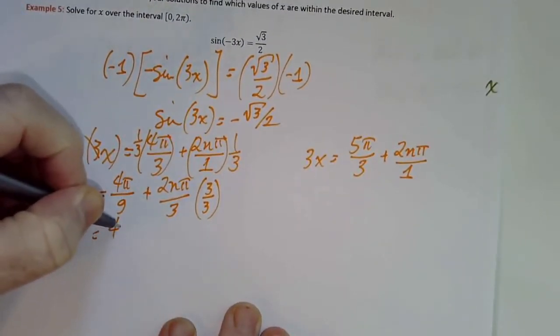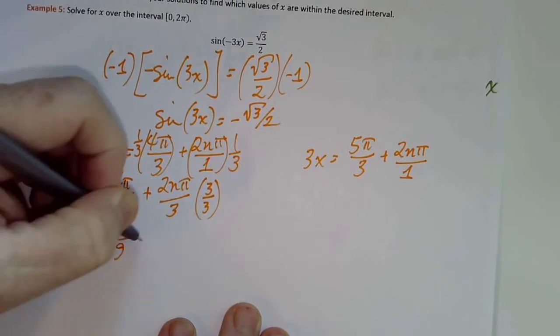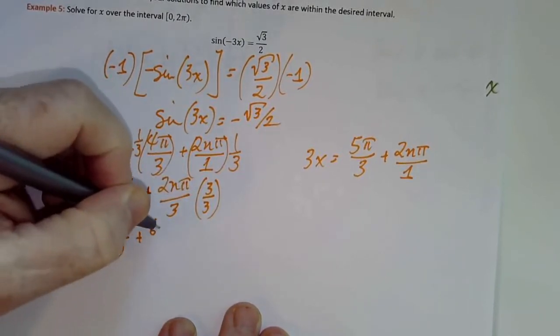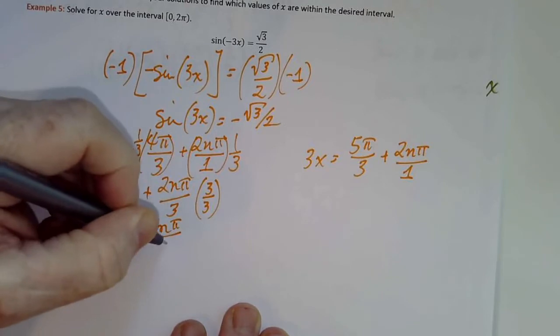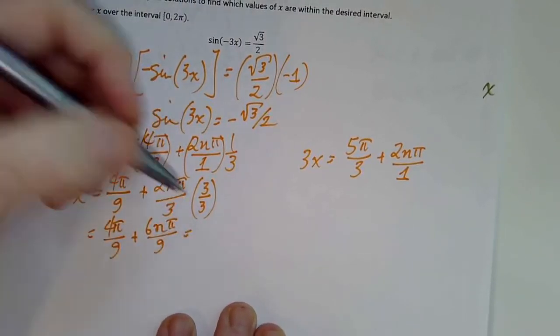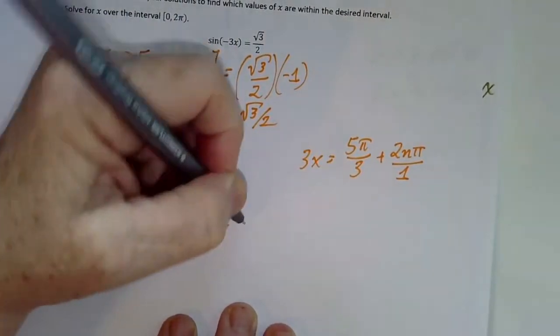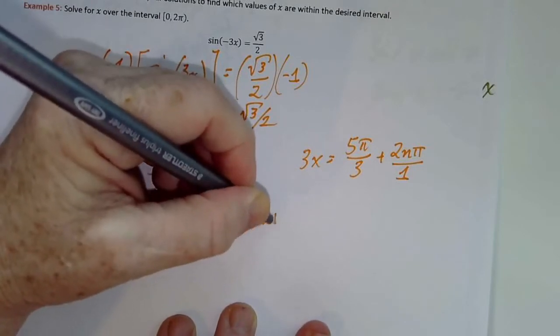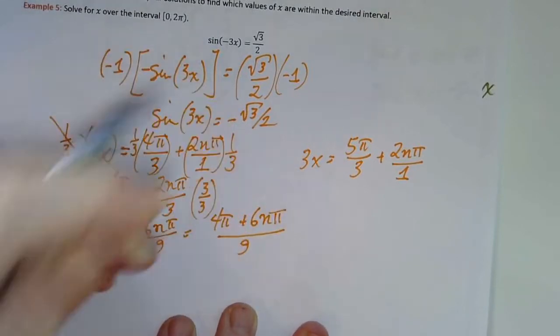I get 4 pi over 9 plus 6n pi over 9, and now I can write them together. 4 pi plus 6n pi all over 9.